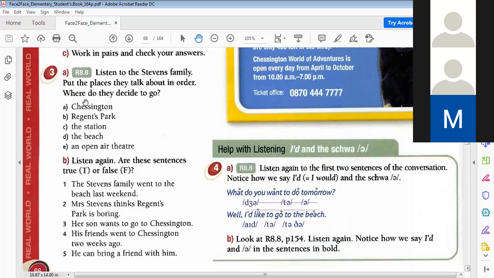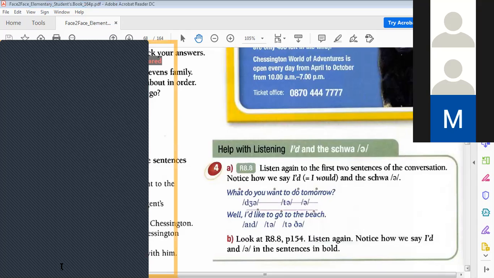They will talk about Chessington, Regent's Park, the station, the beach, and an open air theater. They will all talk about them, so the first step is to put the correct order. After that, we answer where they decide to go. Let me take you to the listening and let's find out.